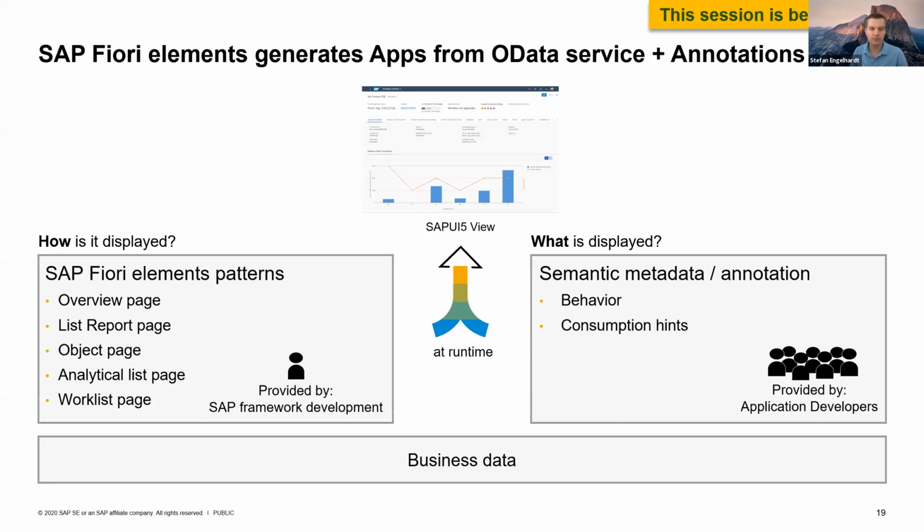It should take, for example, such a list report, which Peter showed, and show such an object page. And on this object page, you don't put a form control and a chart control on it, but you just tell it: first I want to have a form, I want to have this and that field in there. I want to then have a chart. This is the dimension, this is the measure. It should be a bar chart, and that's it.